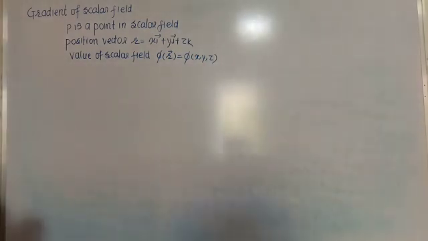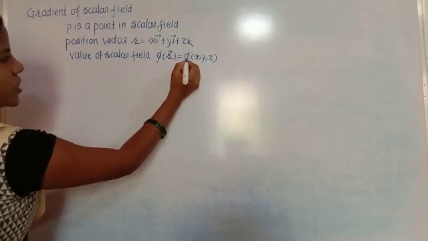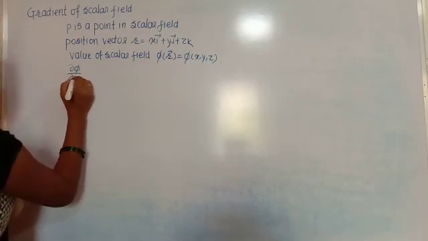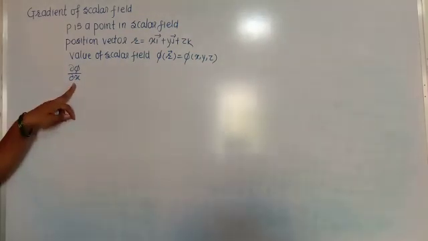So the partial derivative of phi with respect to x, that is del phi by del x. This is the partial derivative of phi with respect to x.